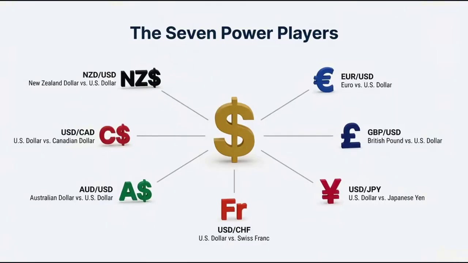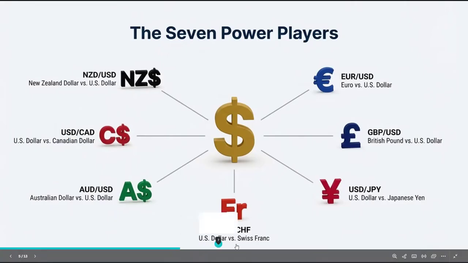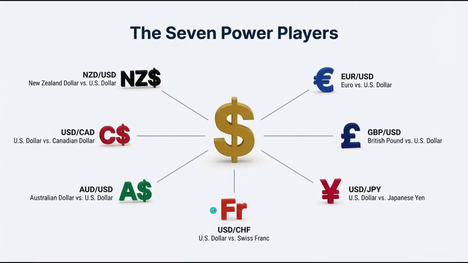So let's talk about it. We have seven power players. We have NZD/USD, the New Zealand dollar versus the US dollar. We have USD/CAD, the US dollar and the Canadian dollar. We have AUD/USD, that's the Australian dollar and the US dollar. We have USD/CHF, that's the US dollar against the Swiss franc.